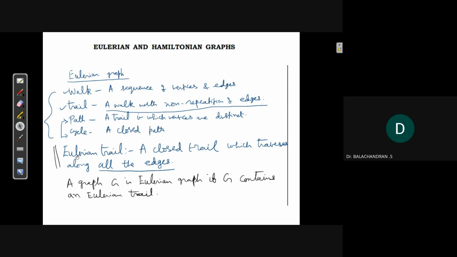Next, Eulerian trail, or Eulerian circuit, or Eulerian tour. They use different terminologies. So what is an Eulerian trail?